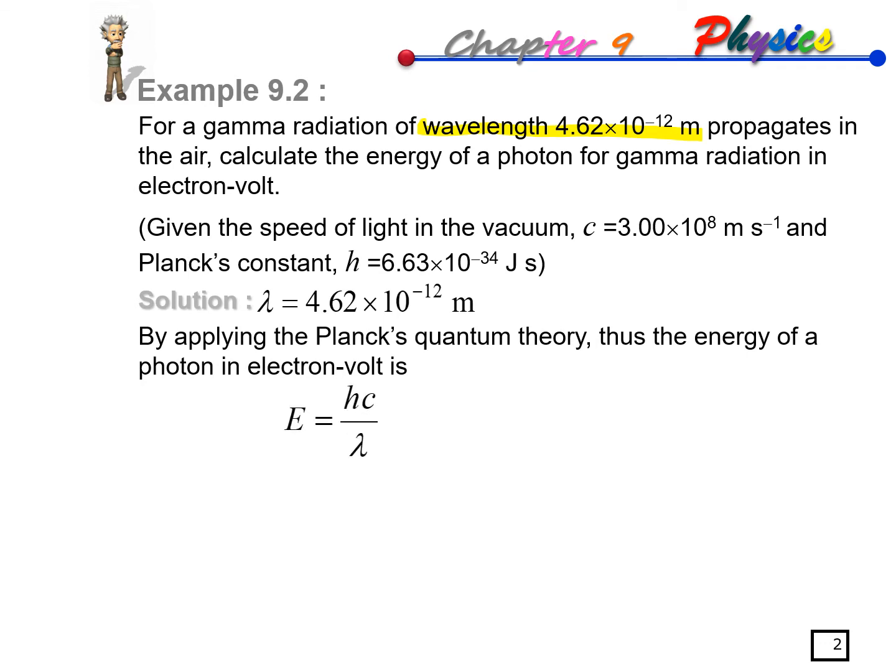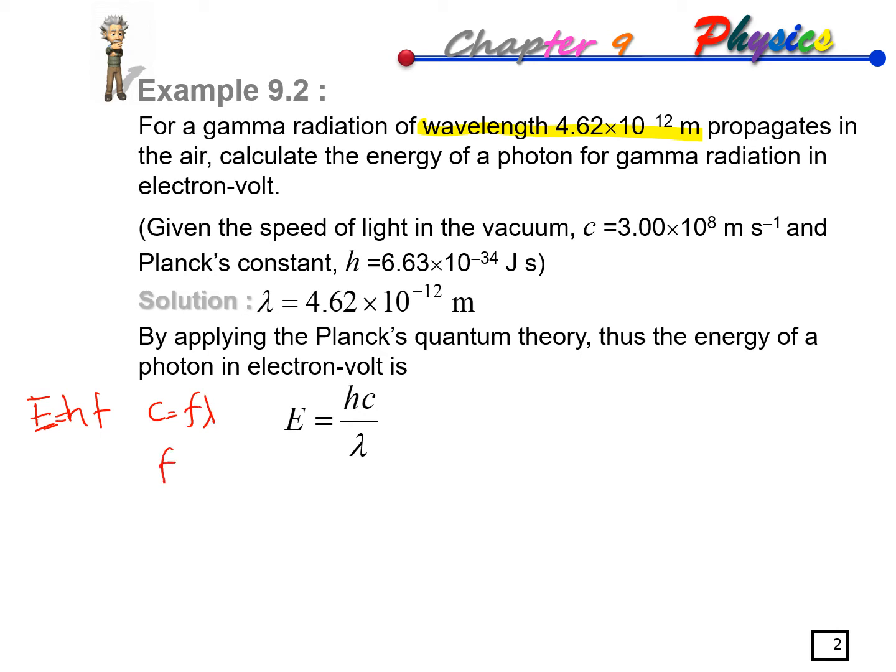Basically what they do is simplify the equation. Since E is equivalent to hf, frequency, and we also know c is equivalent to f lambda, rearrange in terms of f.